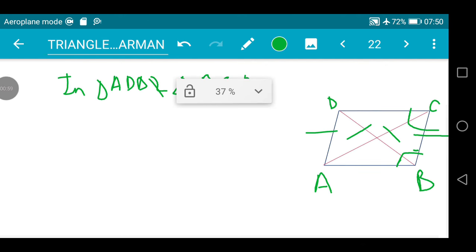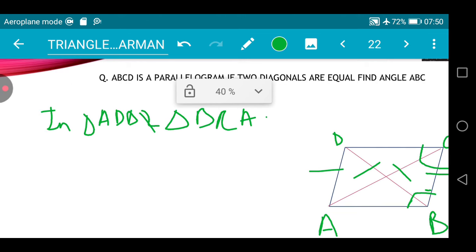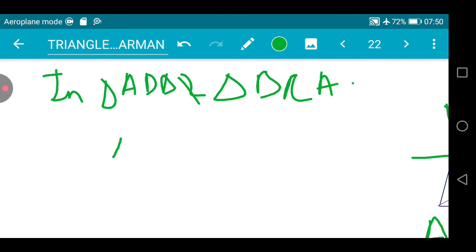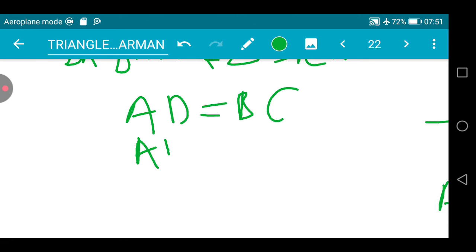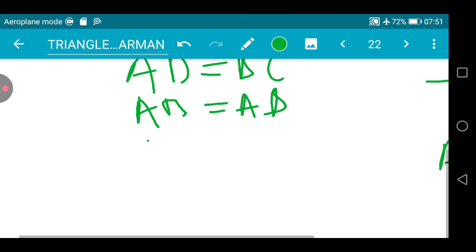Okay. In triangle ADB and triangle BCA, what can we say? AD will be equal to BC, opposite sides of a parallelogram are equal. AB will be equal to AB, common. I'm not writing the reason, I'm just telling.